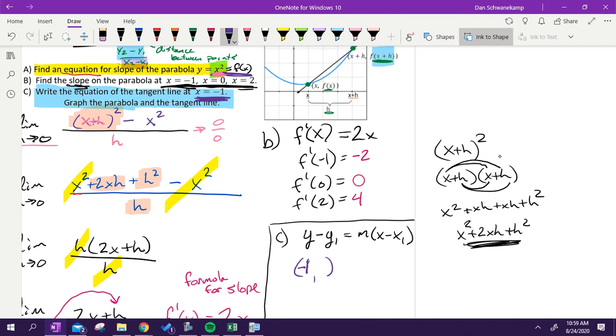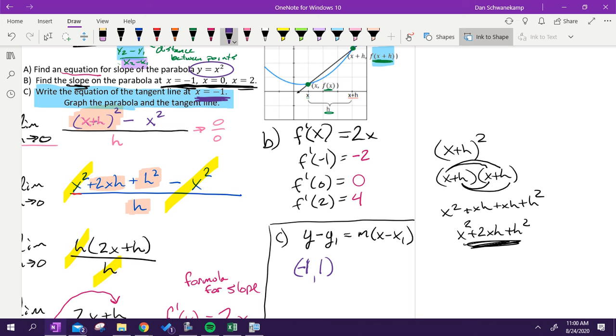So that's what my x value is going to be because I'm writing the equation at -1. How do you think I can find my y value if I know what my x value is? Plug it into what? I'm plugging into this original equation because that's going to tell me my y value because y was equal to x squared. So if I plug in -1, I get 1.